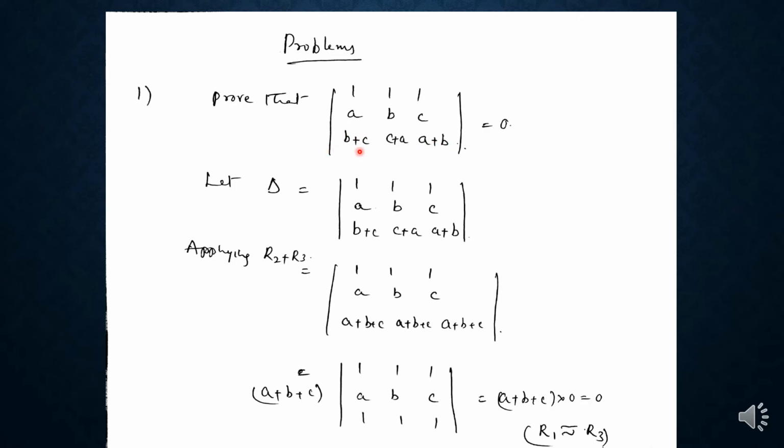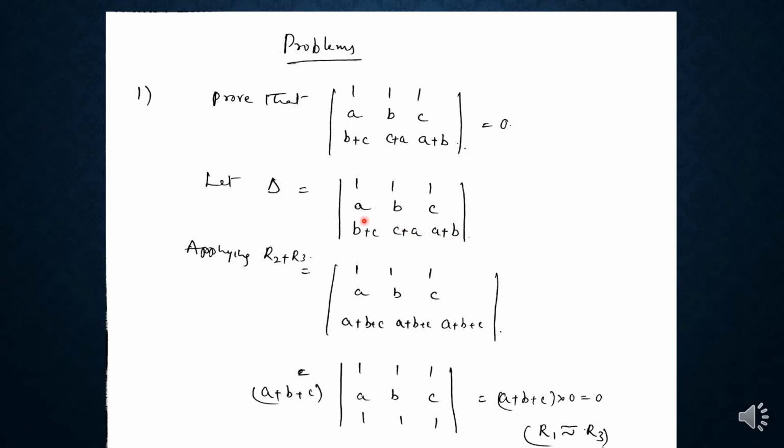So here we are changing R3. Let us take this is equal to delta. Given determinant is delta, that is 1 1 1, a b c, b plus c, c plus a, a plus b. So now R3, third row, changes to R2 plus R3. That means we are adding R2 and R3 and we are writing it in the third row.